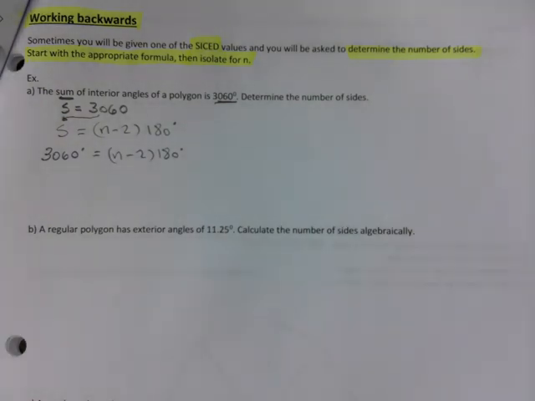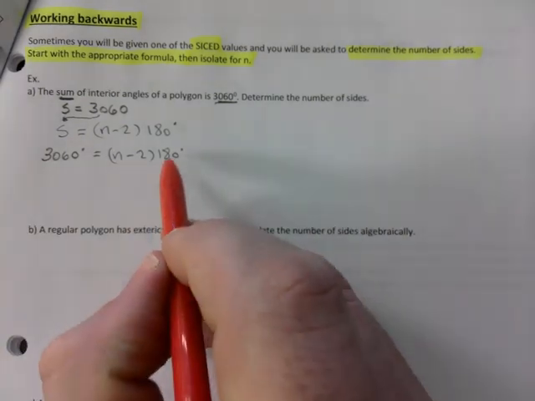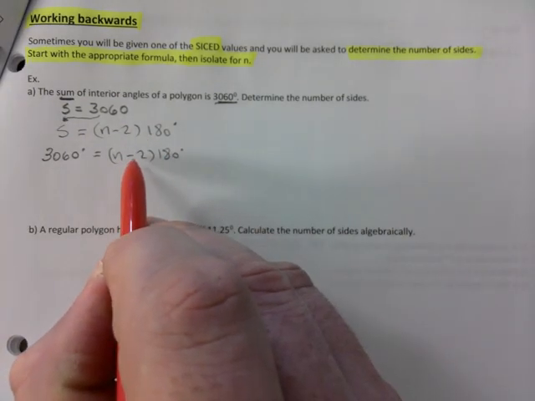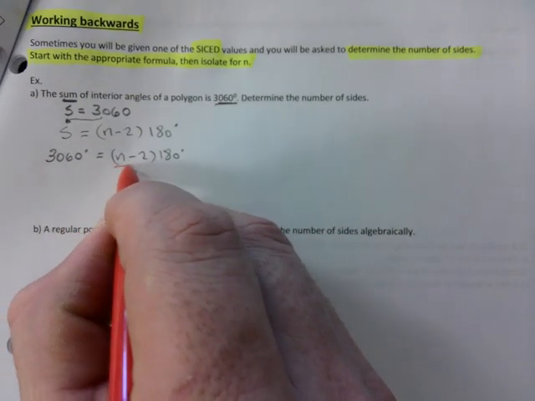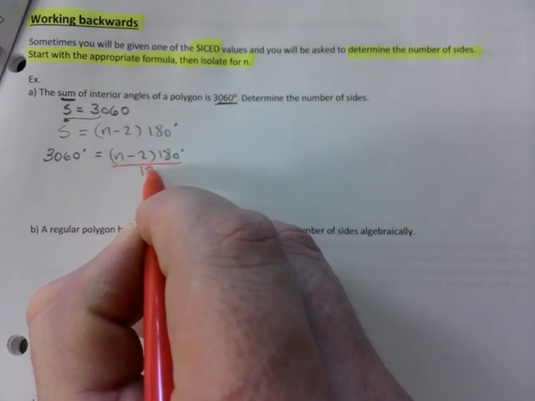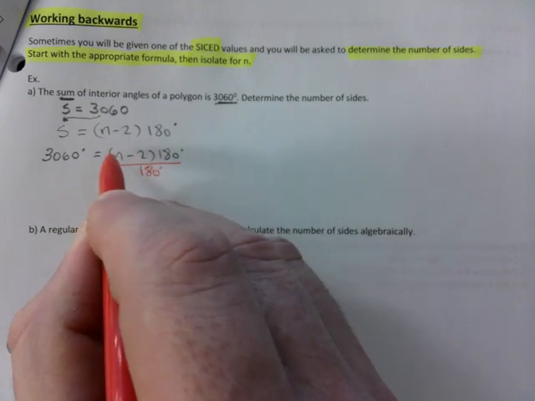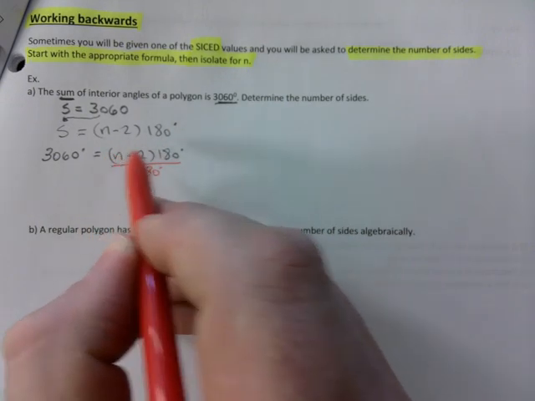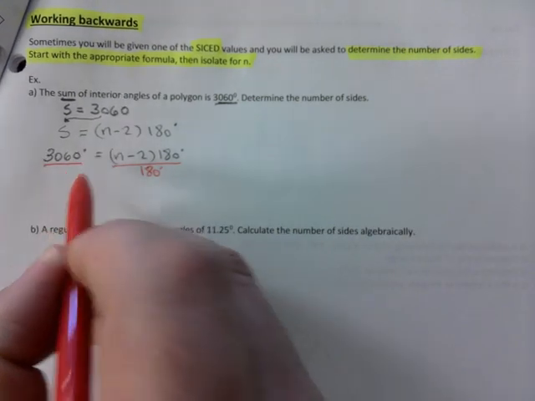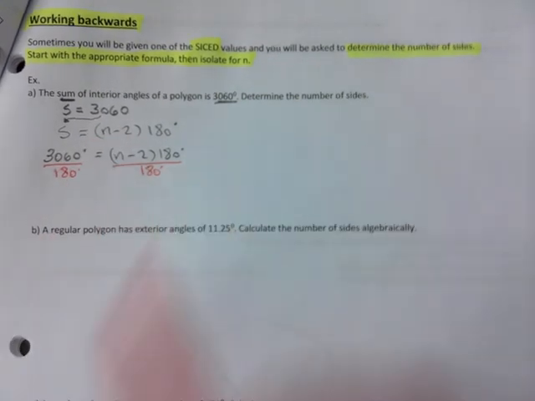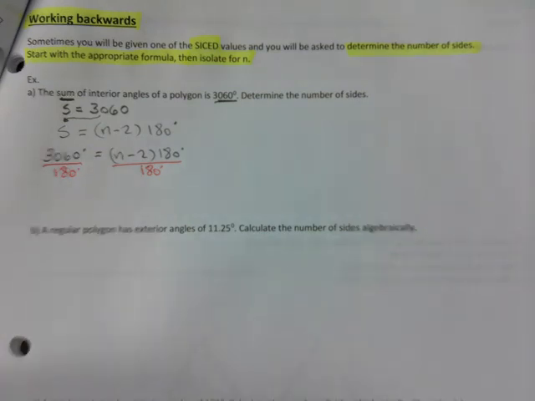And yes, there are many ways of doing this, but the best way I find is, the 180 is multiplying this, so I will divide both sides by 180 degrees instead of distributing. Some of you might have gone 180 times n, 180 times negative 2, but I will just get rid of the 180 this way.